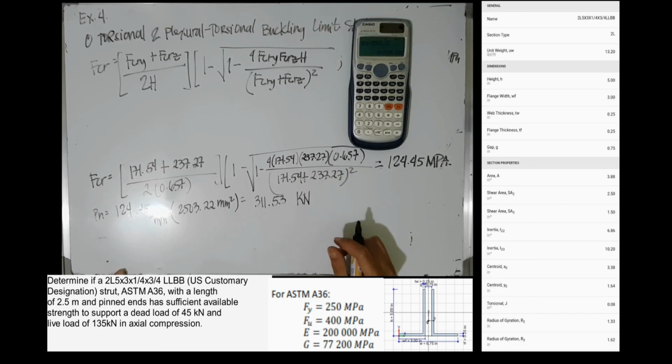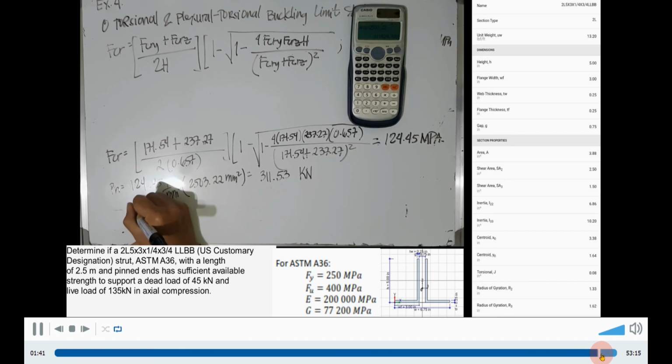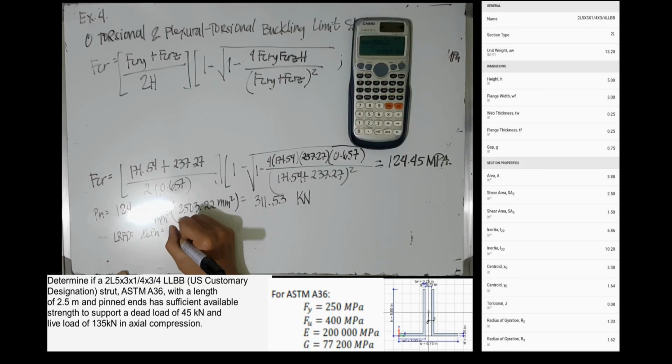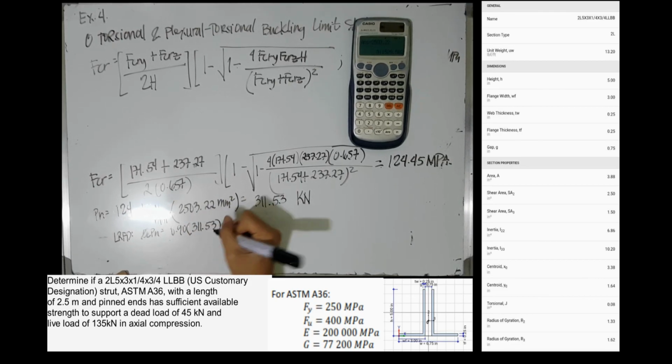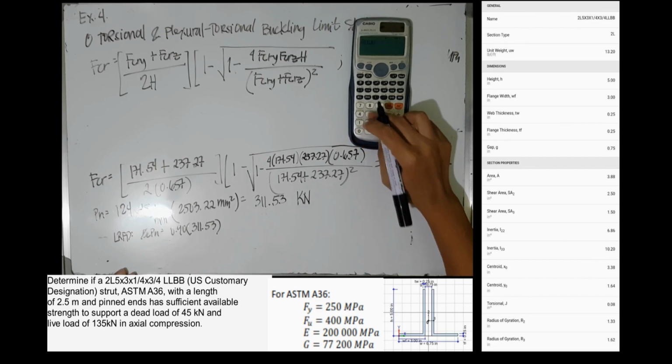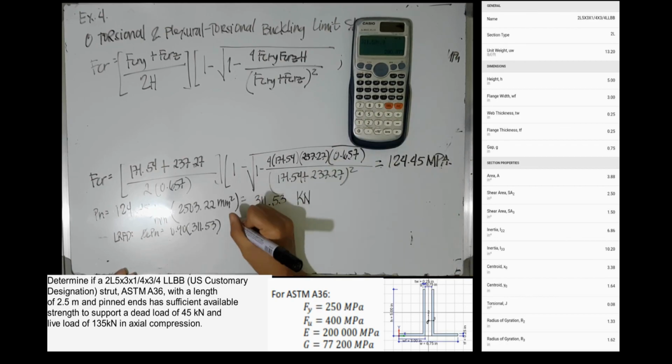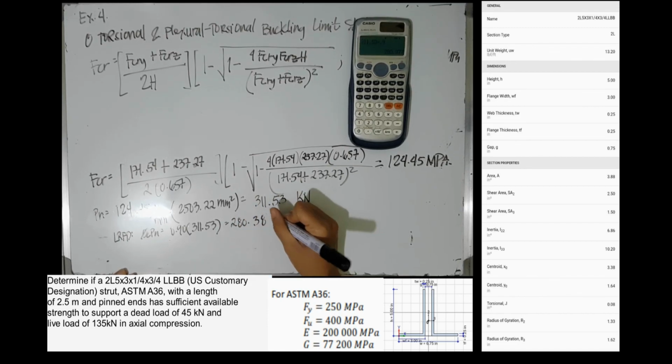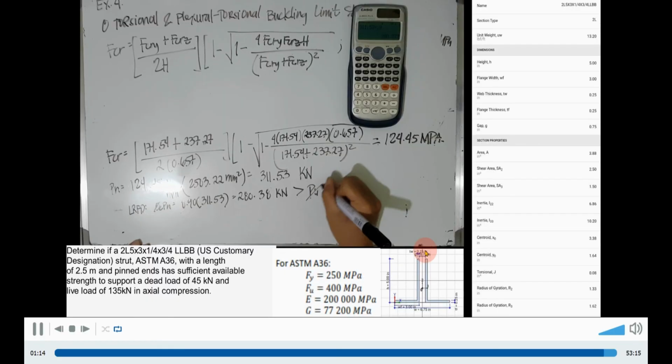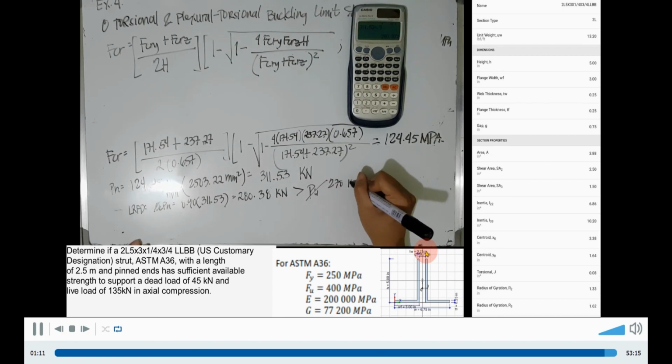So for LRFD, multiply lang natin siya into 0.9. So it is equal to 280.38 kilonewton. And comparing it with our required strength, which is 270 kilonewton, yan, safe siya.